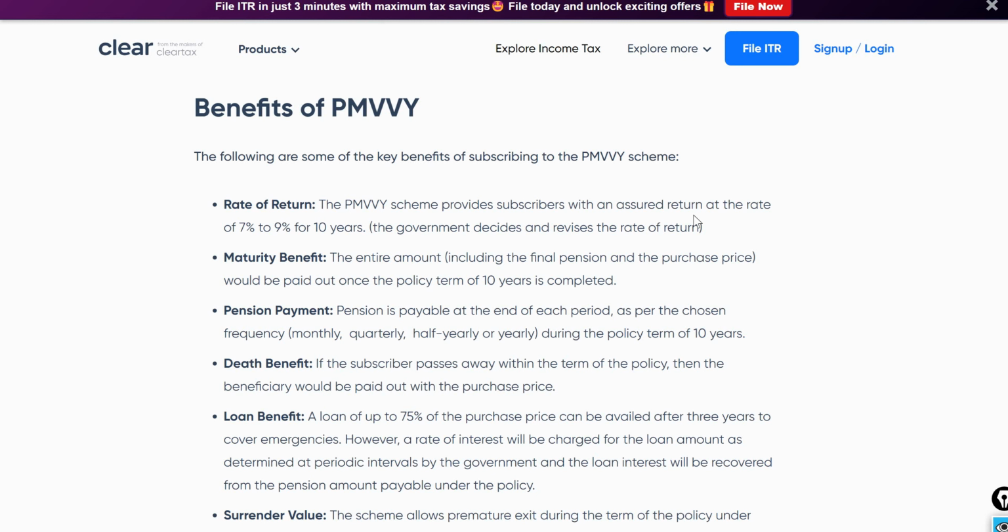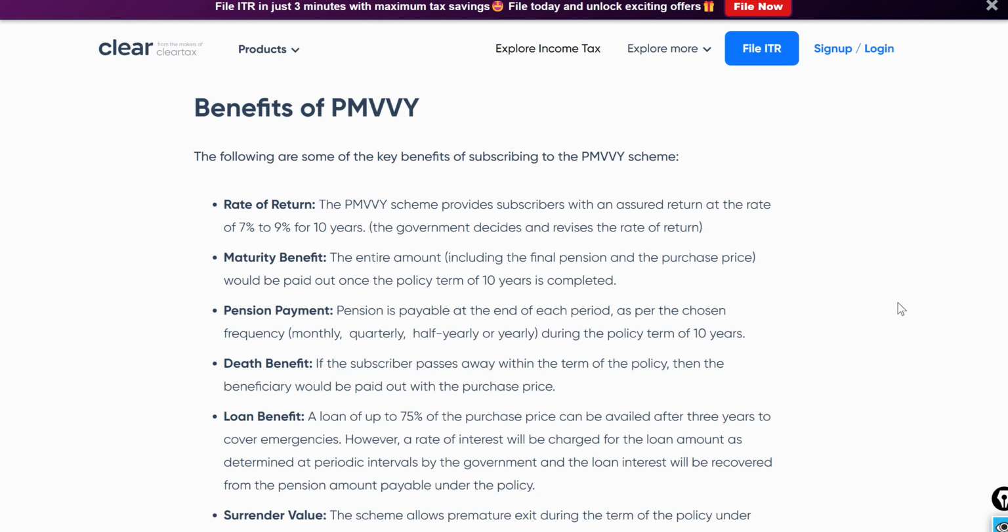Rate of return: the PMVVY scheme provides subscribers with an assured return at the rate of 7% to 9% for 10 years. Maturity benefit: the entire amount including the final pension and the purchase price would be paid. Means whatever the purchase price, suppose we have deposited 15 lakh, we will get that 15 lakh after maturity, means after 10 years.